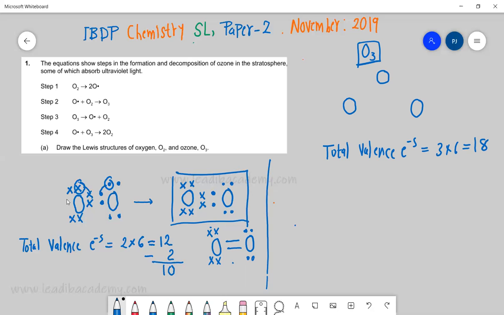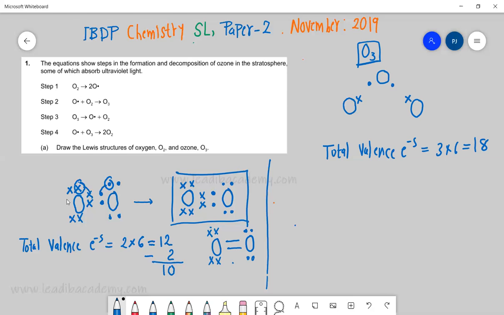So now let's start putting the electrons. First form the single bond. So let's put it like this: 1, 1, and 1.